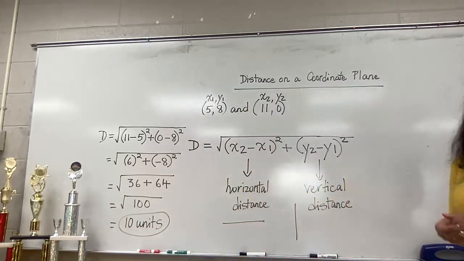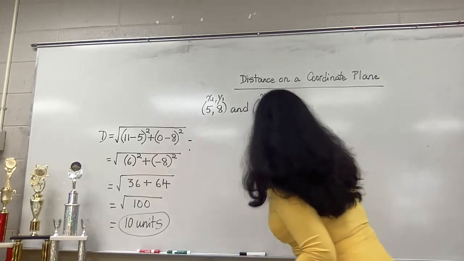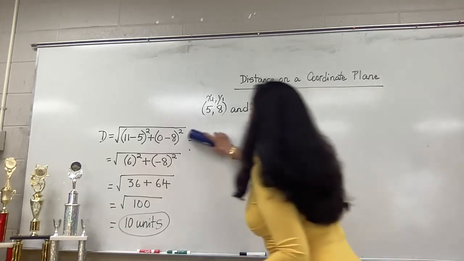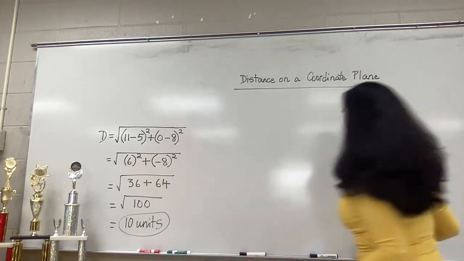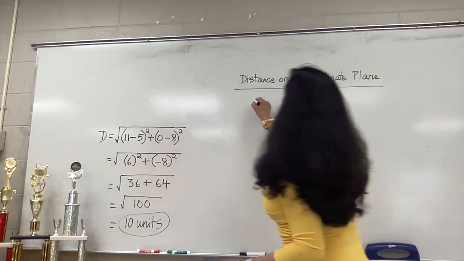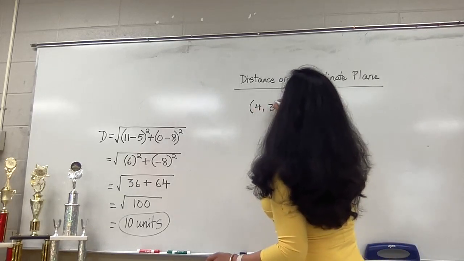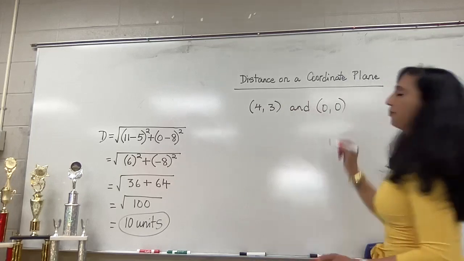Now, I'm going to give you another example. Let's say I have (4, 3) and (0, 0).